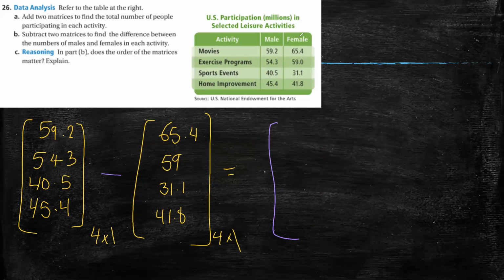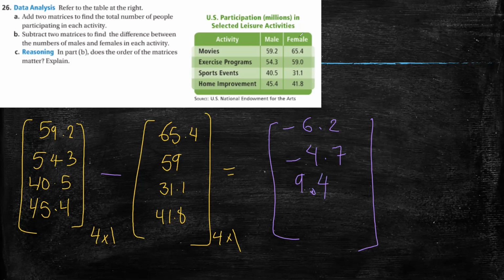To subtract them now, let's subtract each two elements. They told me to find the difference between the males and the females. So 59.2 minus 65.4, which is negative 6.2. 54.3 minus 59, which is negative 4.7. 40.5 minus this one, it will be 9.4, sorry.